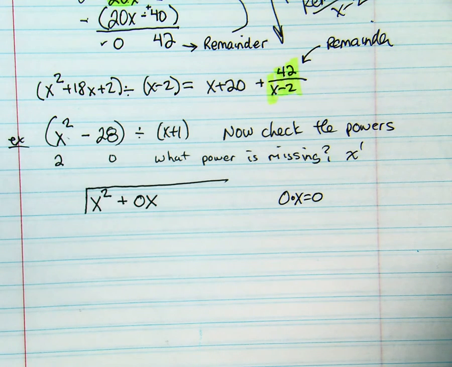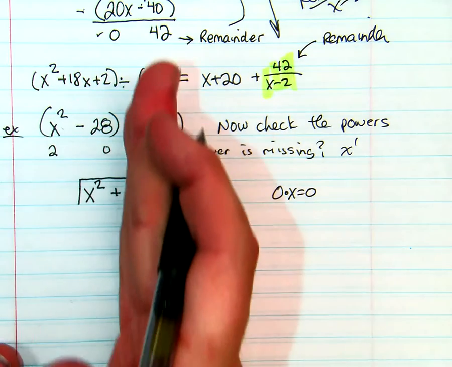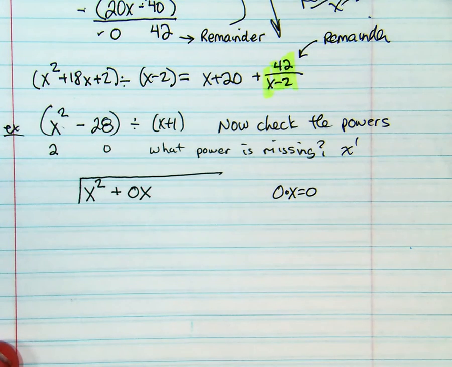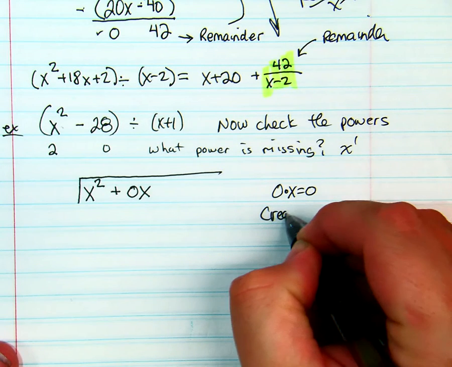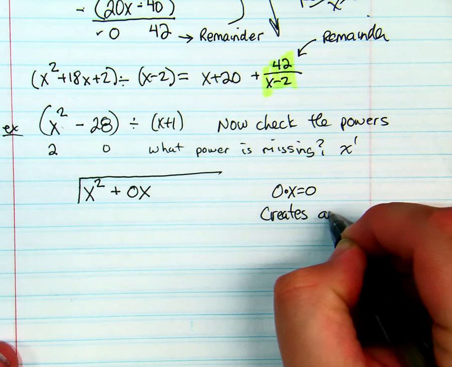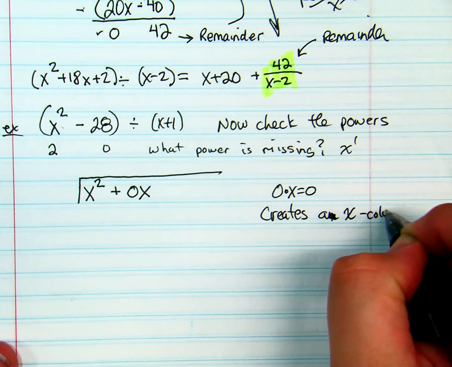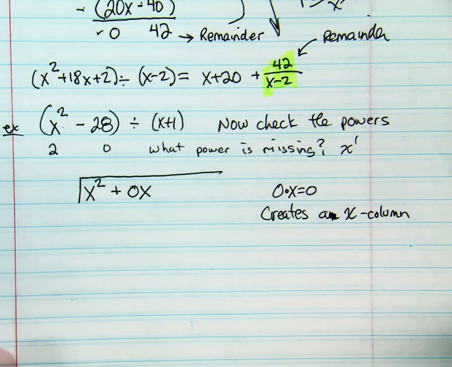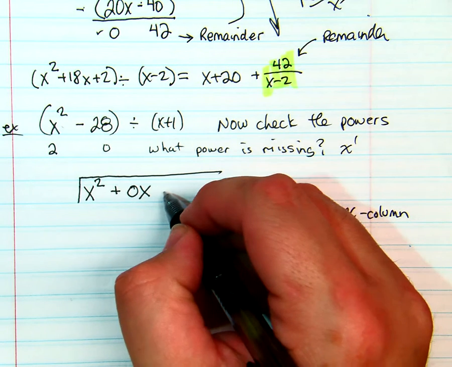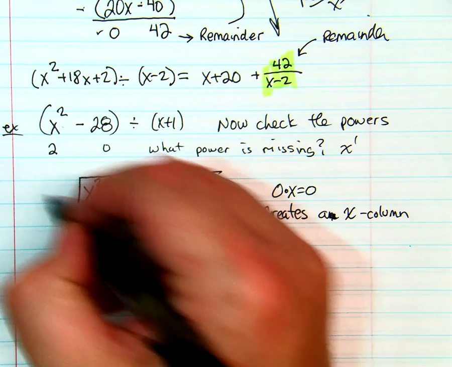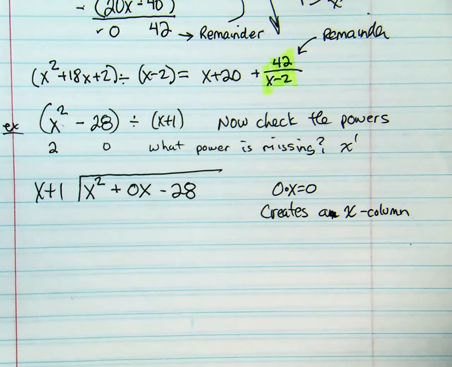No. But what it does is it creates the x column. It creates an x column because I guarantee you there's going to be an x in the answer. And then we put the minus 28 there. Then I put an x plus 1 there. And then I go for it.